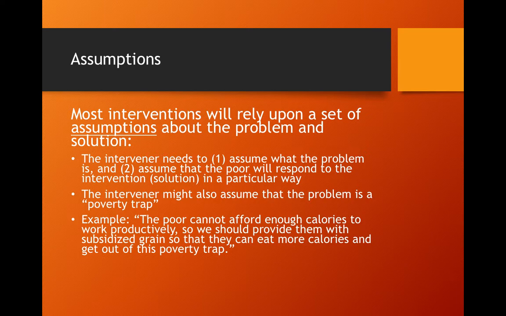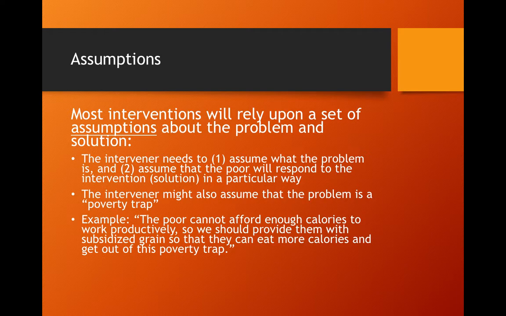So this idea of a poverty trap that we'll come back to a little later on in this talk means that there's some vicious cycle wherein poverty creates a problem and that problem reinforces poverty. So for example, if we believed that the poor cannot afford enough calories to work productively, so we should provide them with subsidized grains so they can eat more calories and get out of this poverty trap.